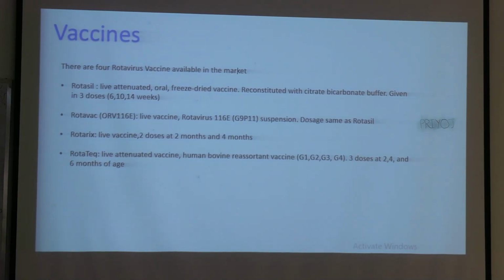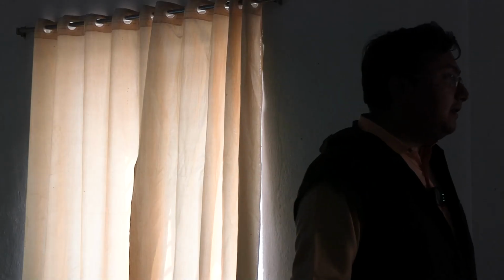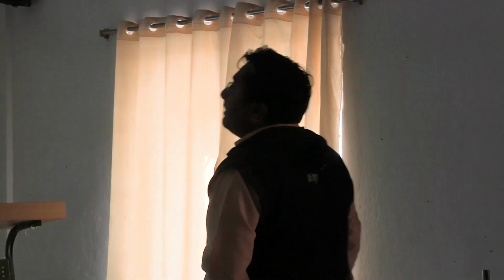Rotavac, it is currently used. Okay. It is freeze dried and live attenuated. So the strain number of Rotavac is asked 1 or 2 times, and the difference between Rotasil and Rotavac is usually asked in Viva or anywhere.